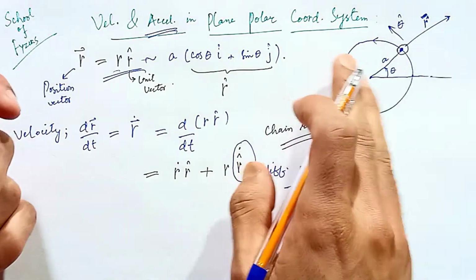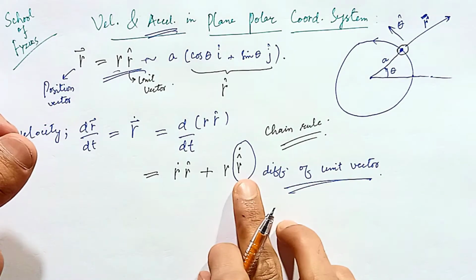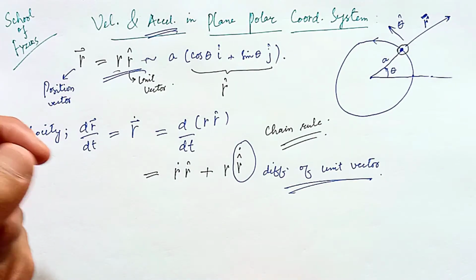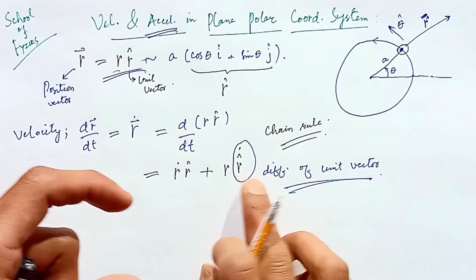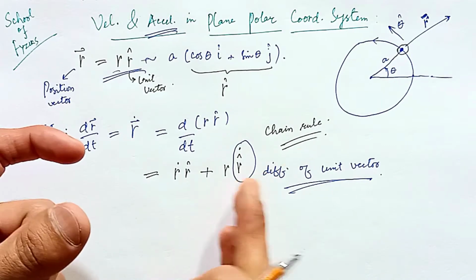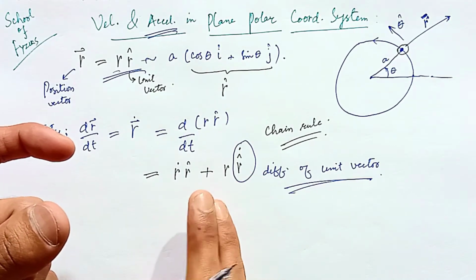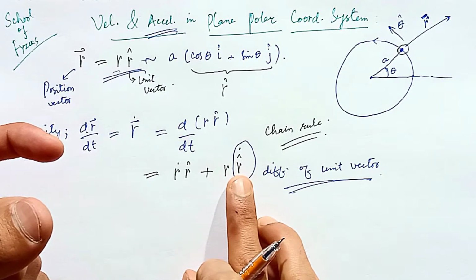I have told you this in the previous lecture. So here we are getting the differentiation of the unit vector. So we have to keep in mind, we are not taking into consideration that the polar coordinate system is itself changing with respect to time.